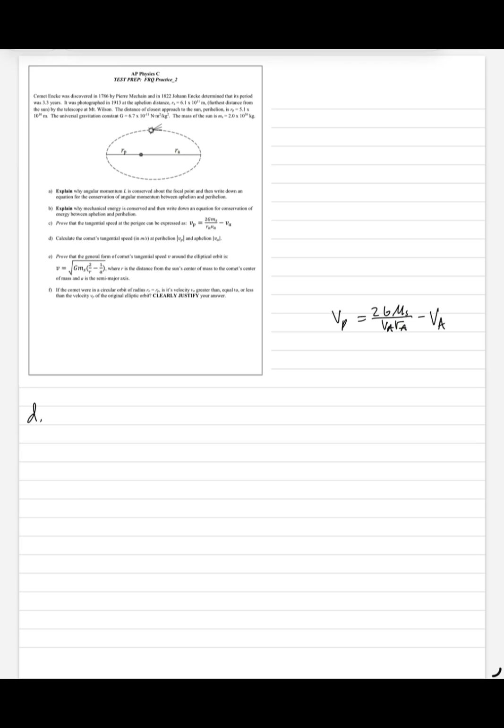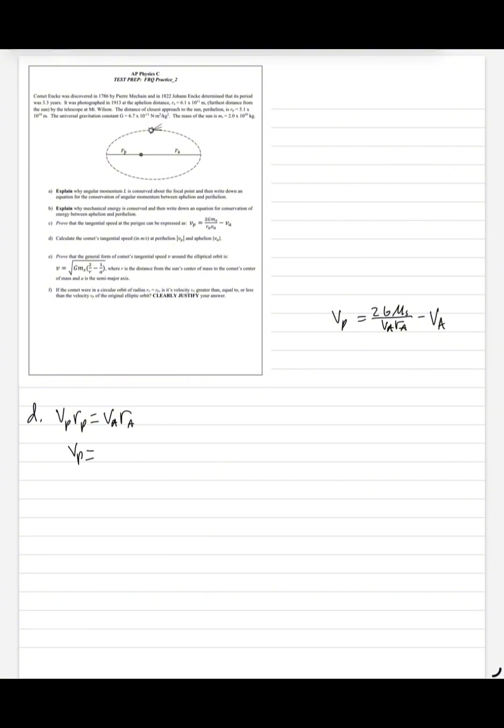For D, I would set up the conservation of angular momentum again, and that'll let me find the ratio between their velocities.